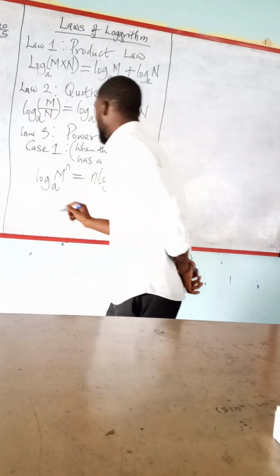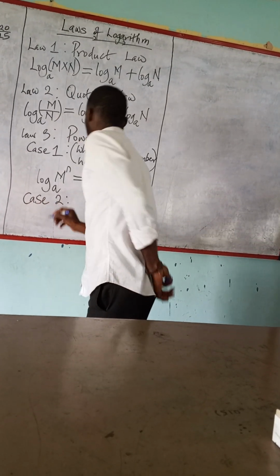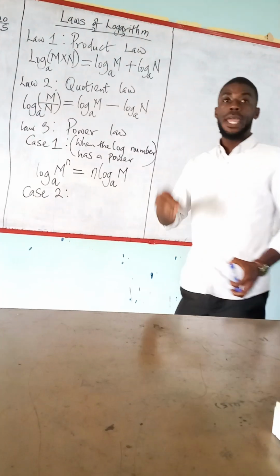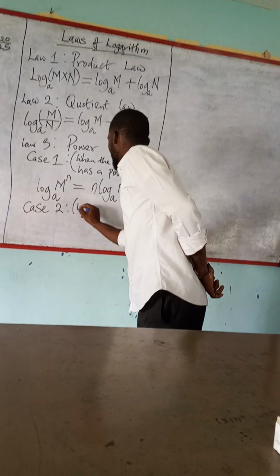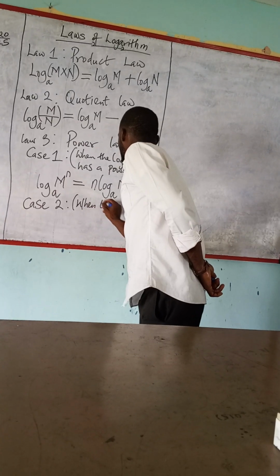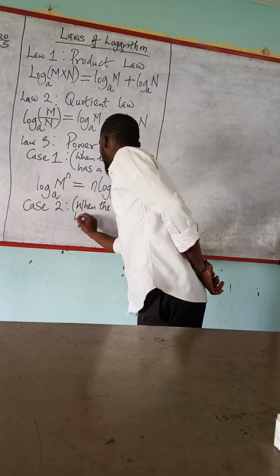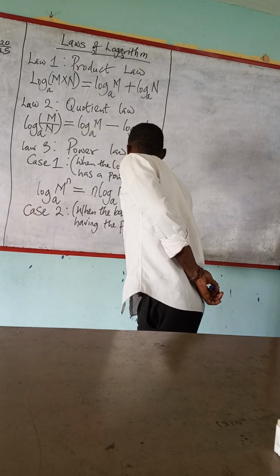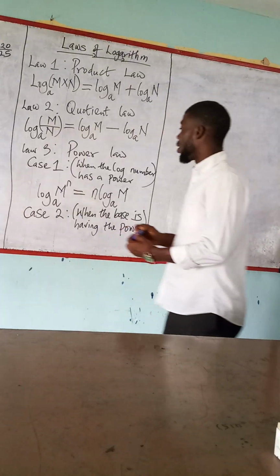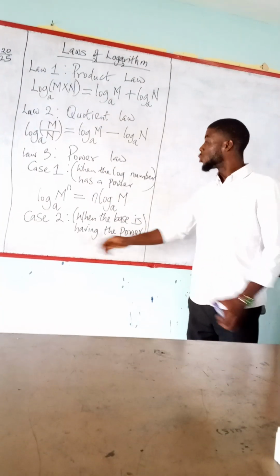We are going to also see case 2. Case 2 is when the base is having the power. Meaning that this time around, it's no longer the logarithm number that has the power, rather it's the base.